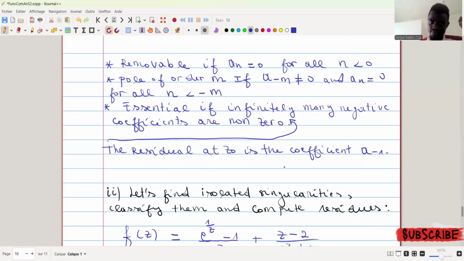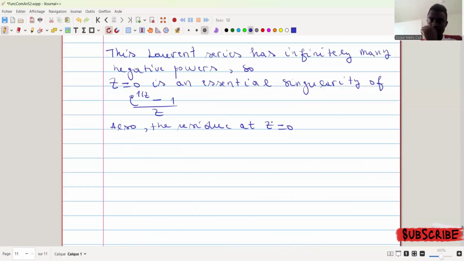Just a precision: the residue at 0 is the coefficient of this when you have an essential singularity. Also, the residue at 0 is the coefficient of 1 over z.